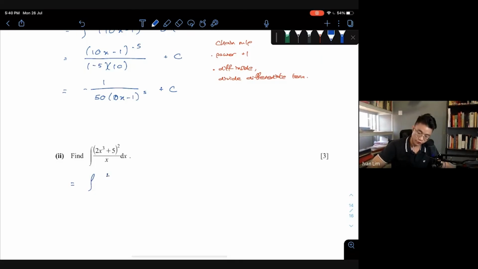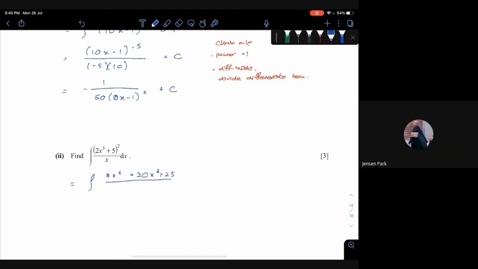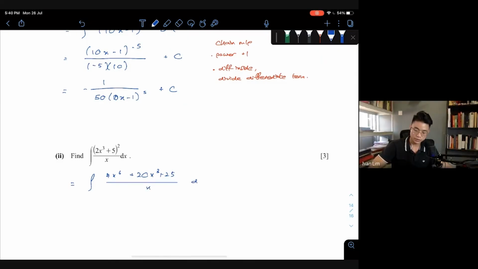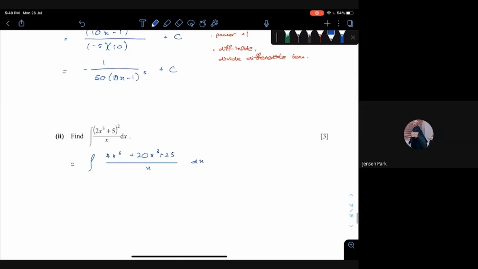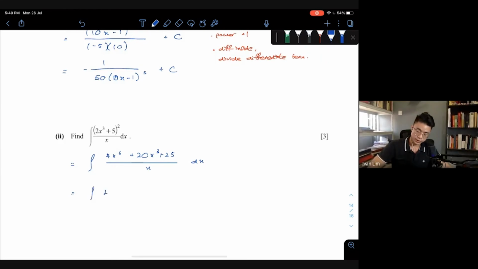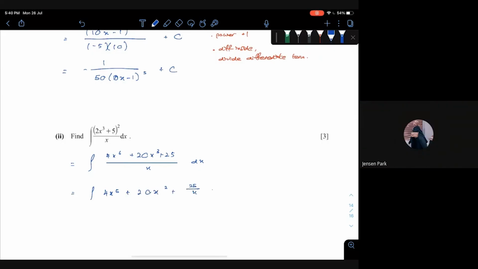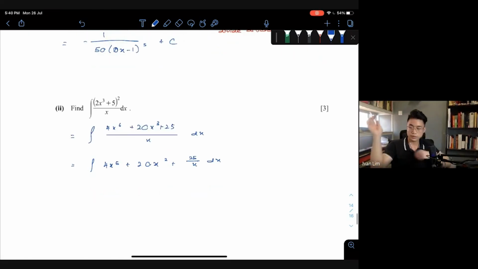You will get (4x to the power of 6 plus 20x cubed plus 25) over x, dx. Then you minus 1 from every power, dividing the whole thing by x: 4x^5 plus 20x squared plus 25 over x, dx.